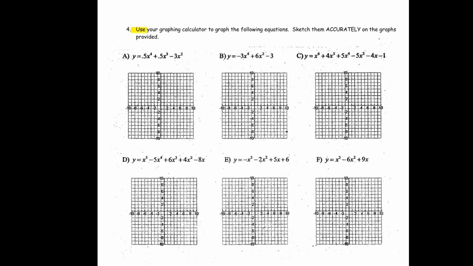The reason that you are paired up today is so that you can check each other, because it says, sketch them accurately on the graphs provided. You and your partner should check: do we have the exact same features? Do we have it graphed correctly? And then you'll start looking at some observations together. I'm going to give you a few minutes. It might take a while to do A through F, and then we'll regroup after that.